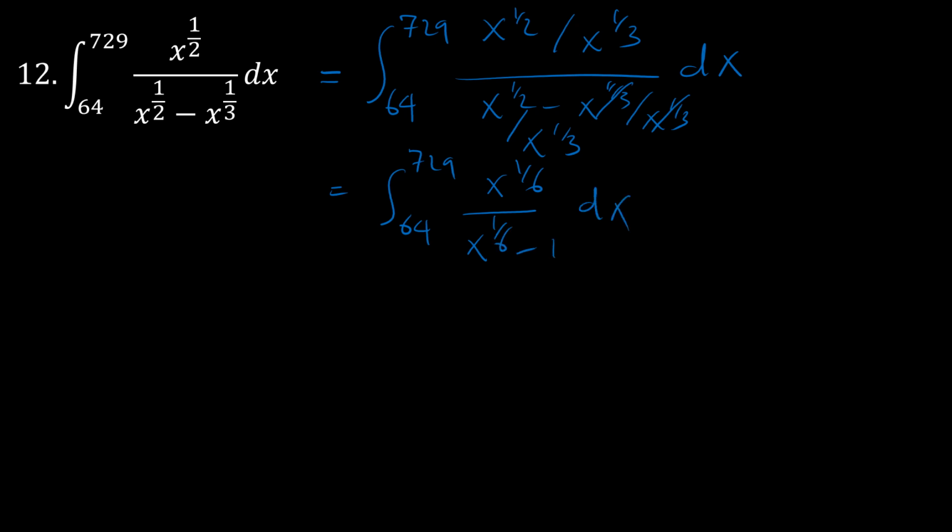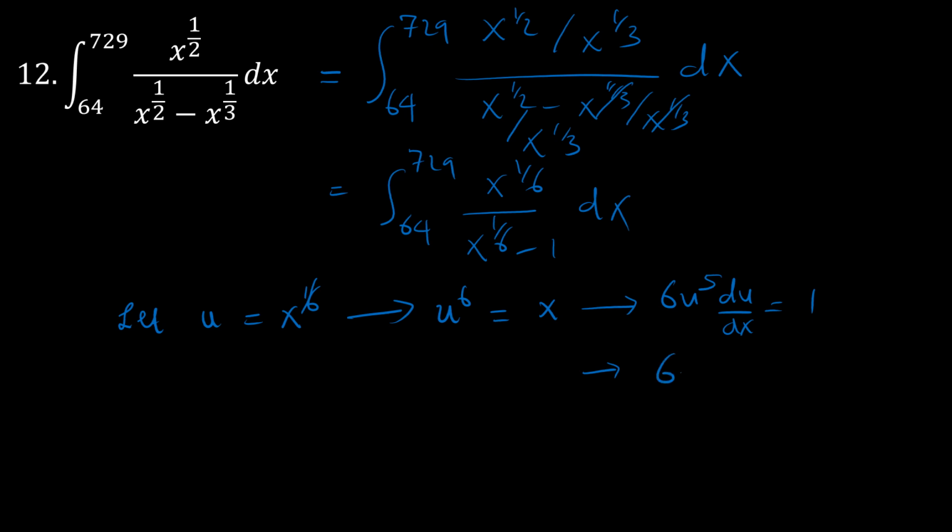This is interesting. We can now say let u be equal to x to the power 6, such that u to the power 6 is equal to x, such that 6u to the power 5 du/dx is equal to 1, and that means that 6u to the power 5 du can be substituted for dx.